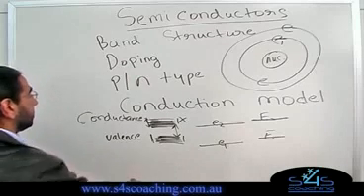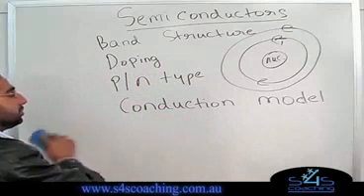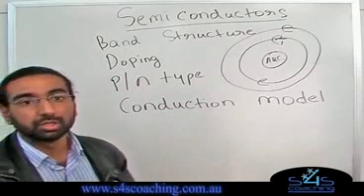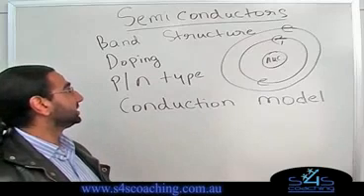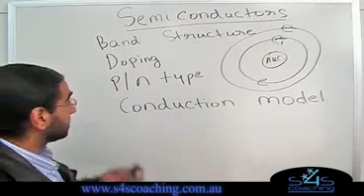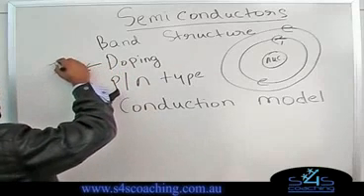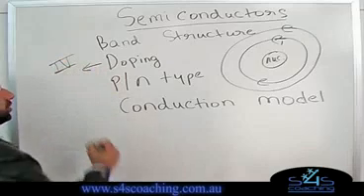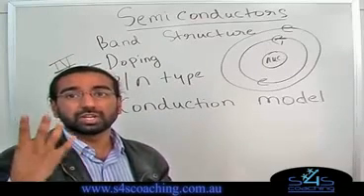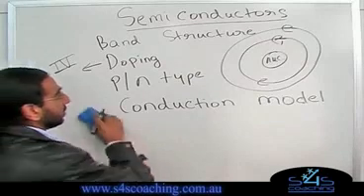Now, doping. Doping is essentially the process of adding impurities to a semiconductor to improve its conductance. Most semiconductors that we'll be looking at will be made from group 4. What I mean by group 4 is that they have 4 electrons in the outermost shell. So if I draw the structure, it will look like this.